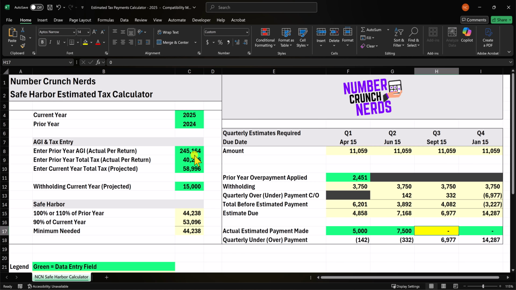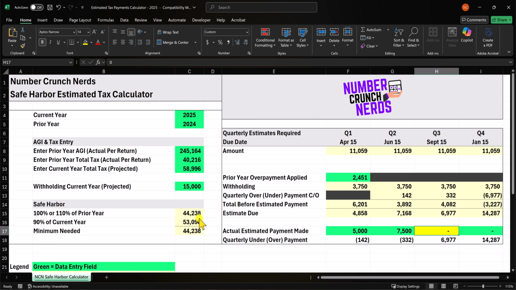In this particular case, looking right up here, we do see that prior year AGI is above $150,000.